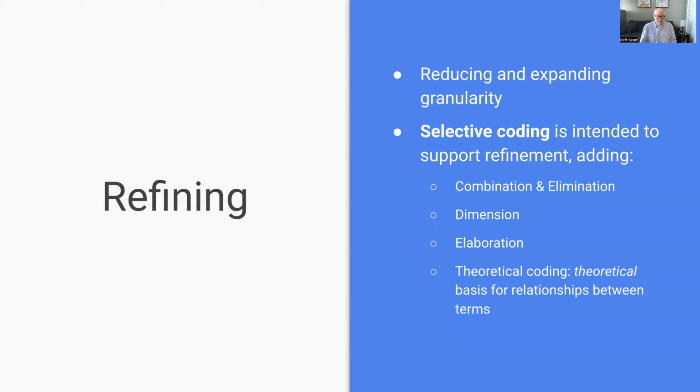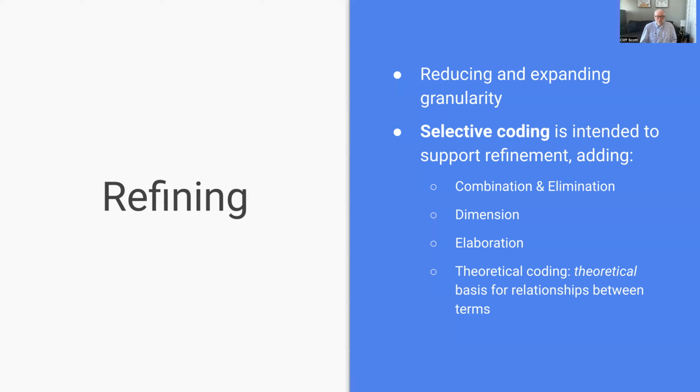Maybe you've got 7 categories, and 3 of the 7 could be combined into one, so that now you only have 4 or 5 categories. And so really the selective coding process is where you're doing more to refine by either expanding granularity or collapsing or reducing granularity.